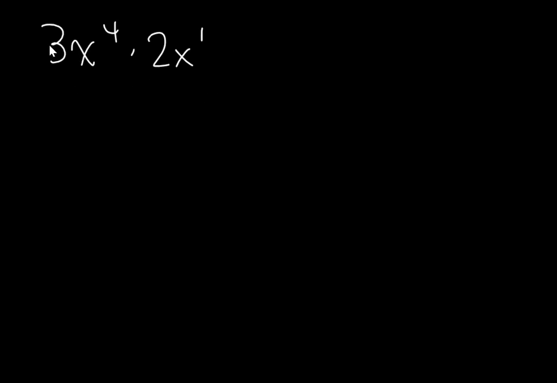So the correct answer: 3 times 2 is 6, and then x to the fourth times x to the first is x to the fifth. Because x to the first is still an x. We have to add the exponents when multiplying exponents. You add the exponents.